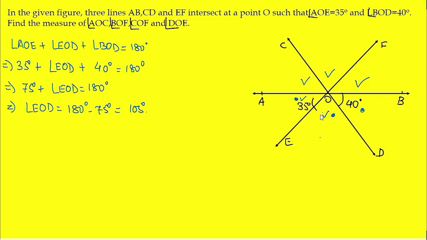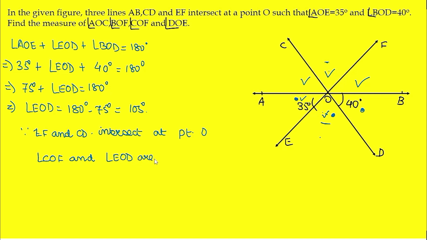Now angle EOD and angle COF are vertically opposite angles, right? Can you say this angle and this angle are vertically opposite angles? Why? Because EF and CD intersect at point O, so angle COF and angle EOD are vertically opposite angles.